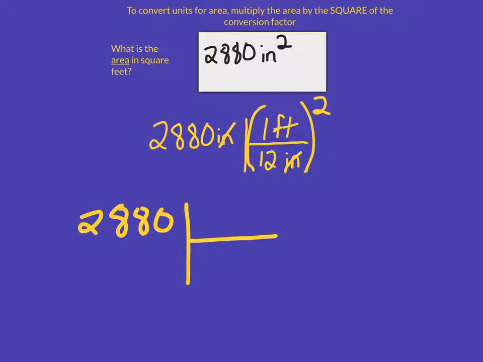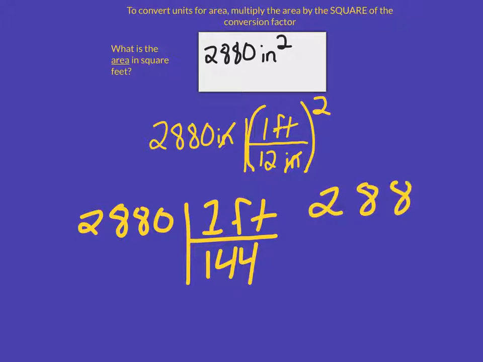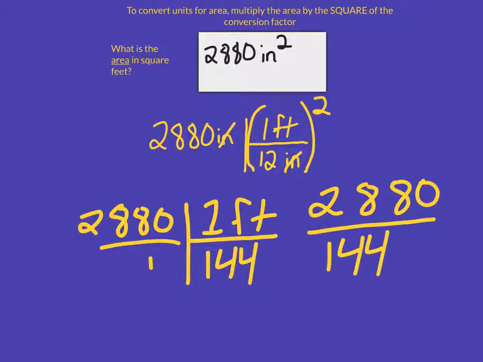1 squared is still 1. We have feet there. And 12 squared, the denominator, is 144. Now I'm going to multiply across the top and get 2,880. On the bottom, there's nothing there except a 1, so 1 times 144 is 144.